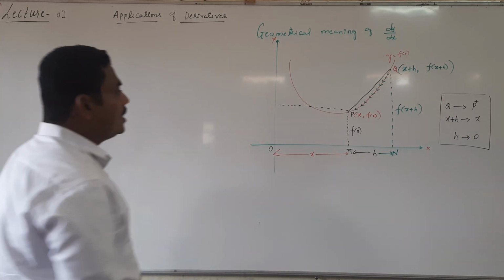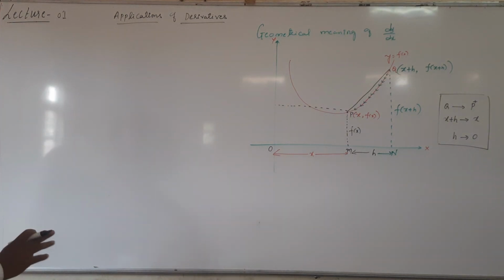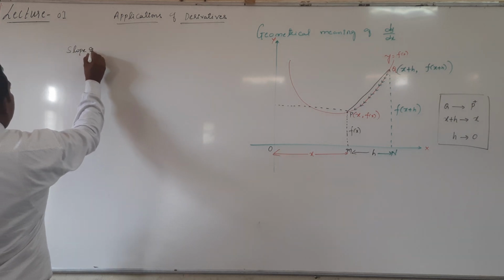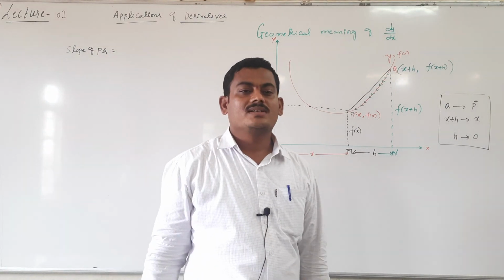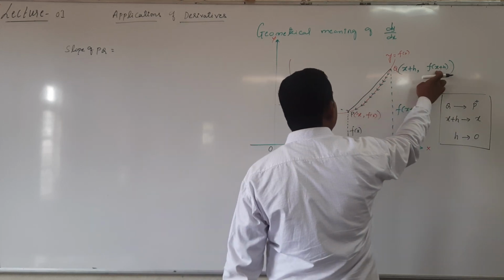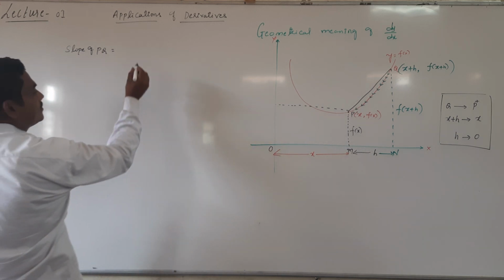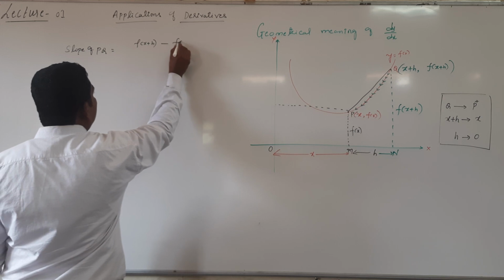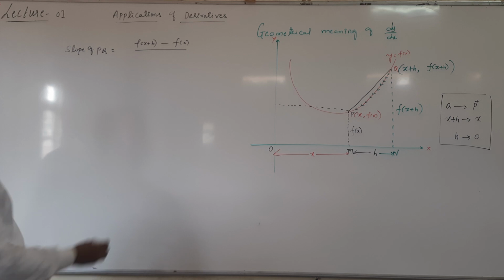Now from this graph, tell me what is the slope of PQ, or simply the slope. Slope of PQ is equal to, what is slope? The slope of the line joining two points: this is x1, y1 and this is x2, y2. Then it will be f of x plus h minus f of x, that is y2 minus y1, divided by x2 minus x1.